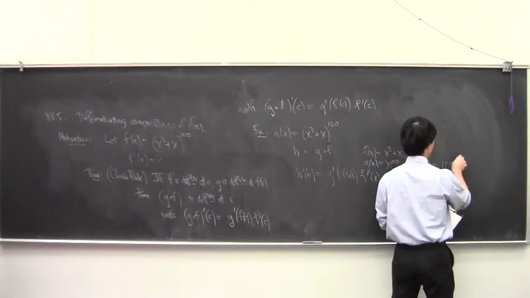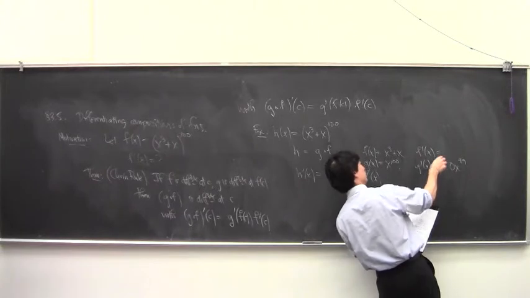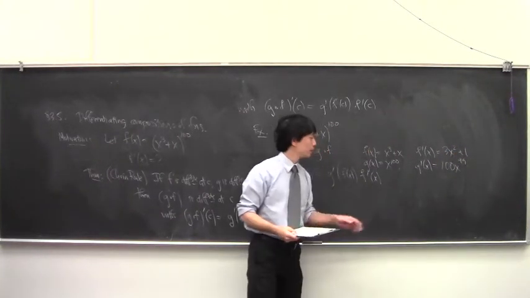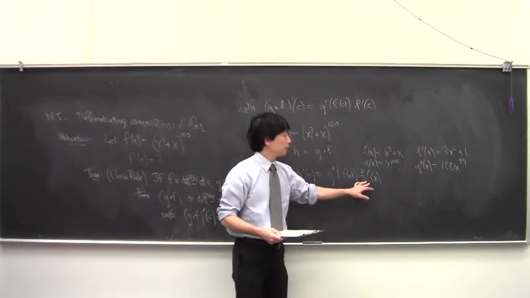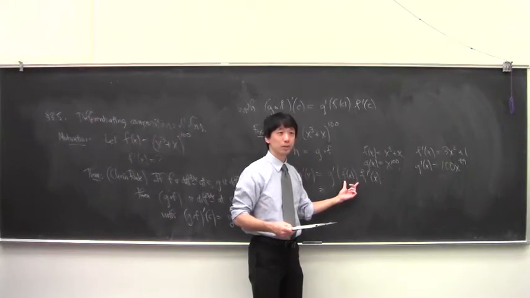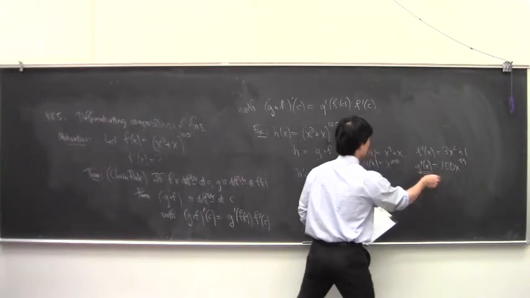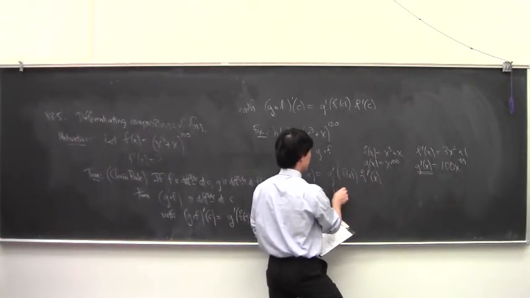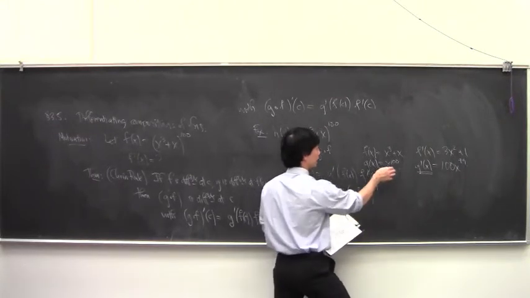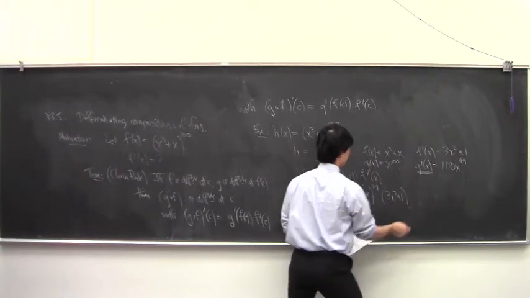And what's f prime? 3x squared plus 1. Okay. So you get g prime evaluated at f of x, which is 100 times (x cubed plus x) to the 99, and f prime of x, which is 3x squared plus 1.